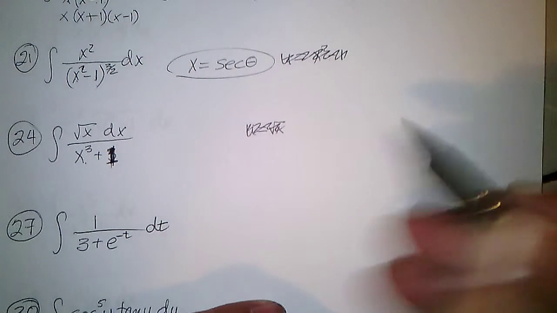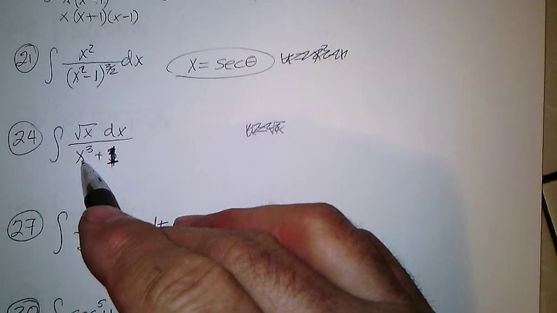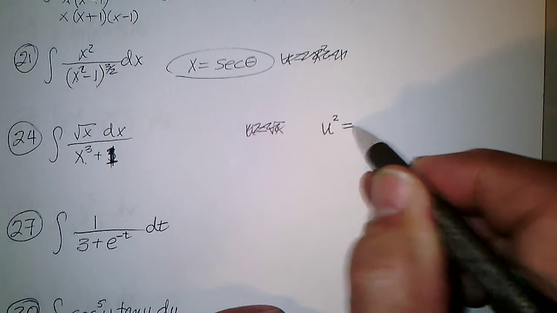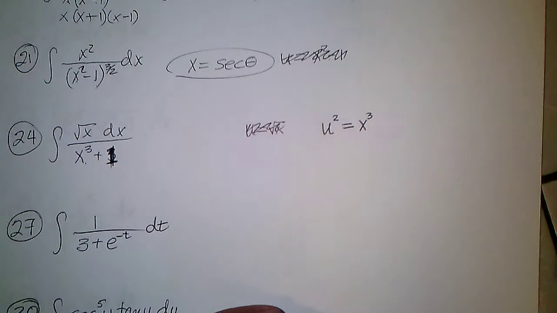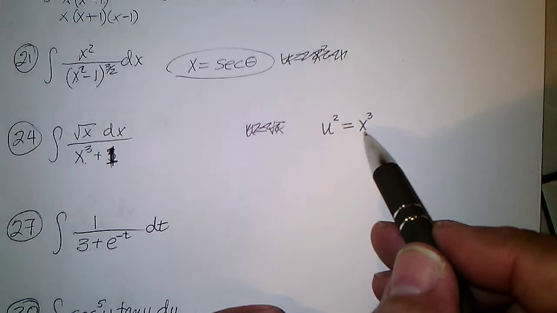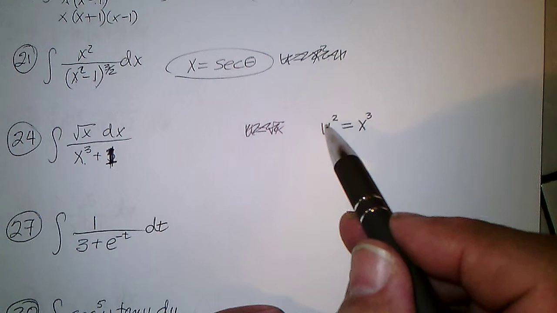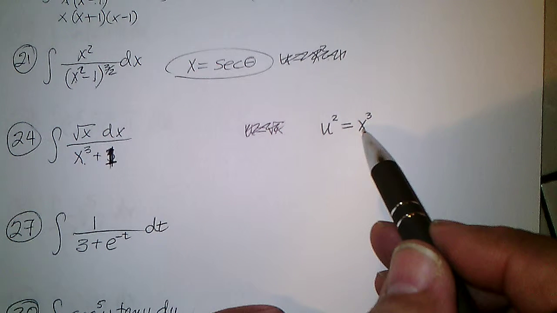I'll say it this way. I want this to be u squared. So I'm going to let u squared be x to the third. And so now I'm going to solve for x, so that I know what u is.